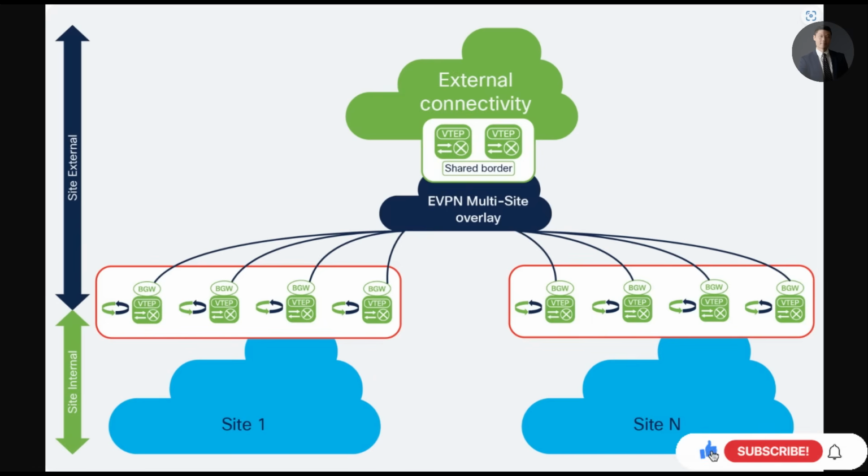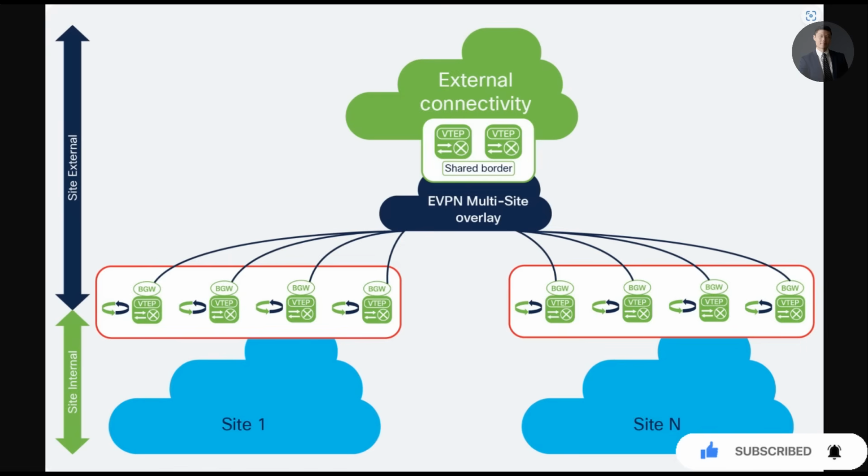Using this topology, we assume there's an application inside site 1 and another application inside site N, and those applications want to communicate with each other. This can be accomplished by just connecting the two sites using multi-site.